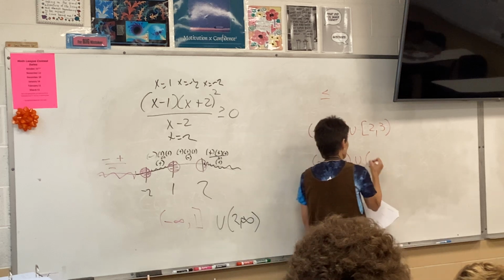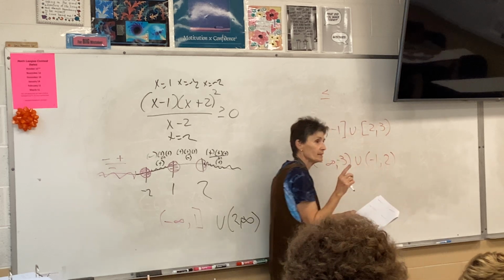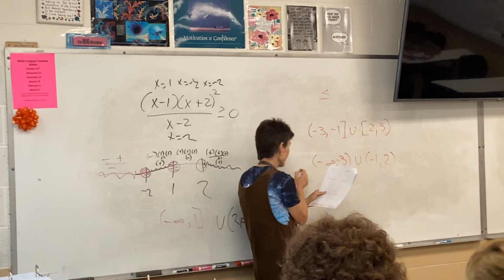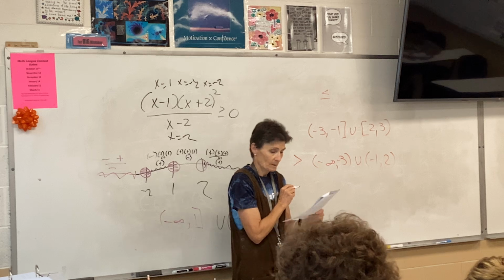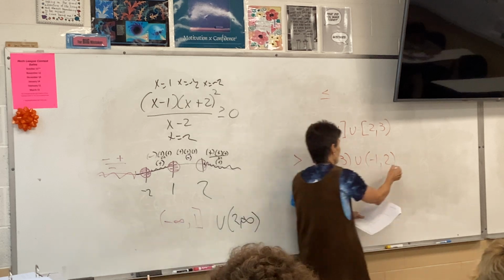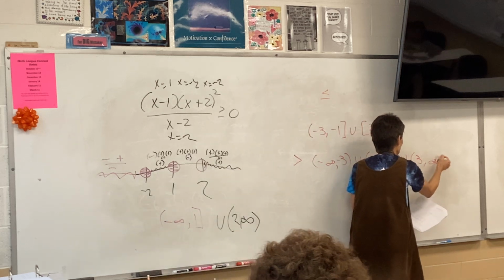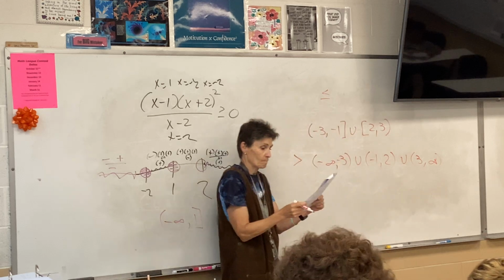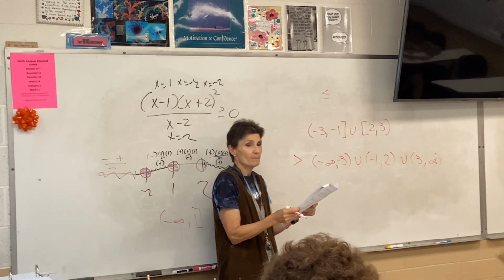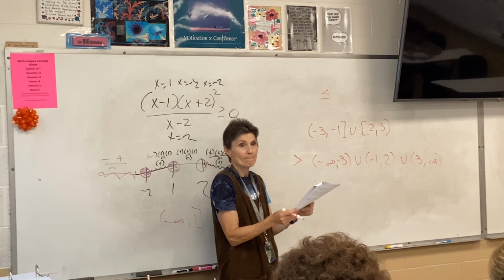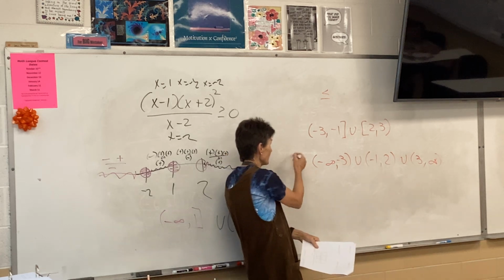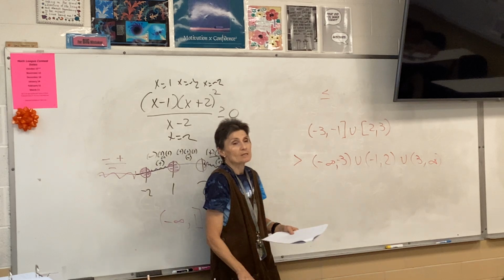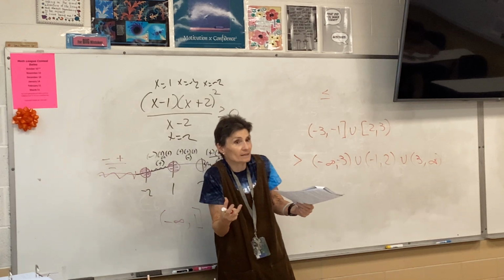From negative 1 to 2, and this time I'm not going to include those because my symbol is a plain greater than. And then from 3 to infinity. Everybody good with that? Why aren't the negative 1 and 2 brackets? Because the symbol is not or equal to. So those dots are technically open.